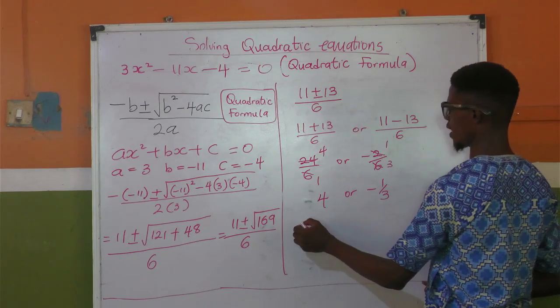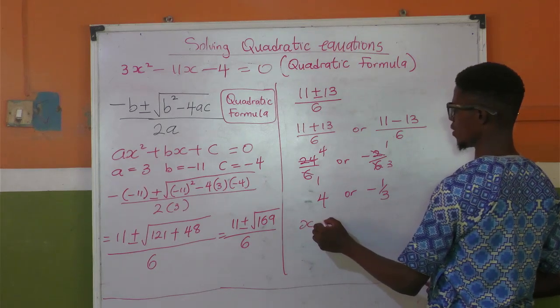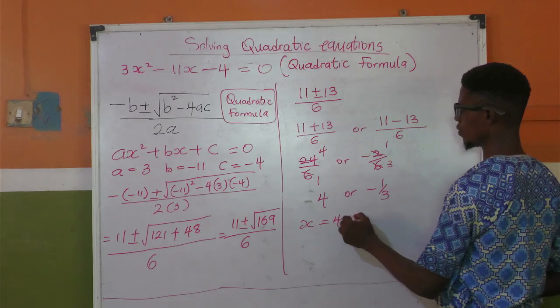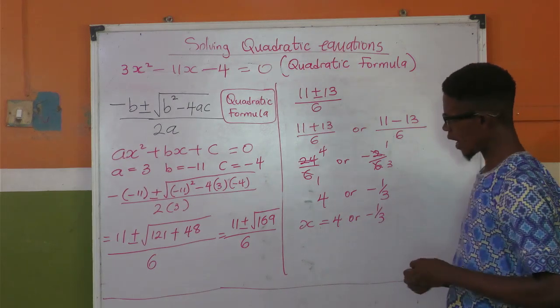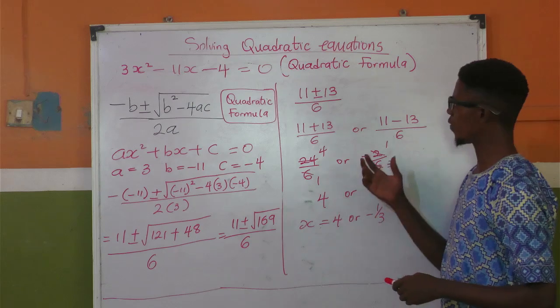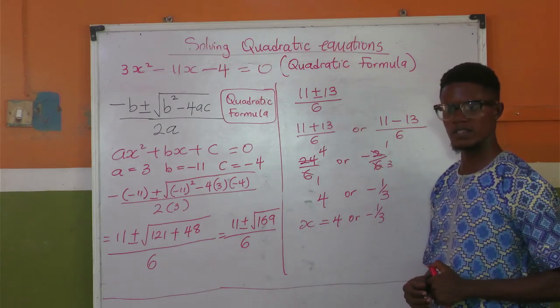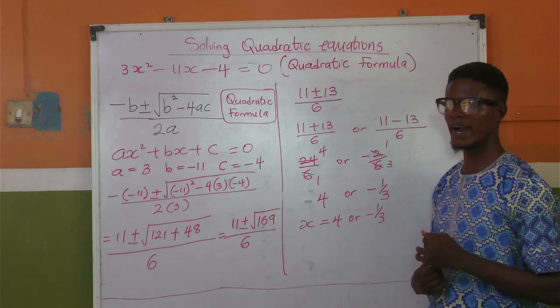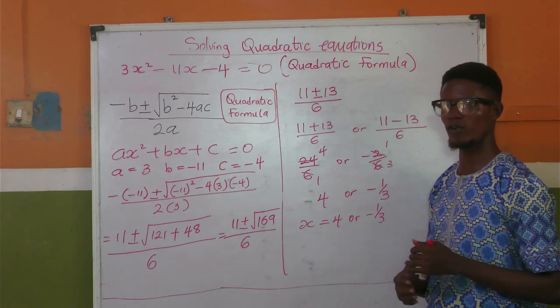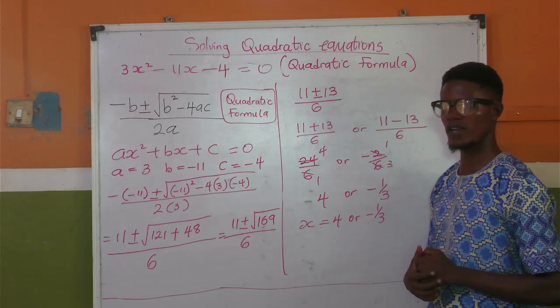So we see x equals 4 or minus 1 over 3. I believe you agree with me that the quadratic formula is very easy to use to get the solution to any kind of quadratic equation that you can solve.